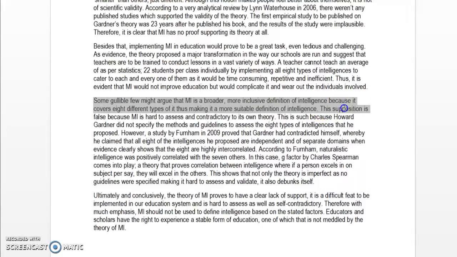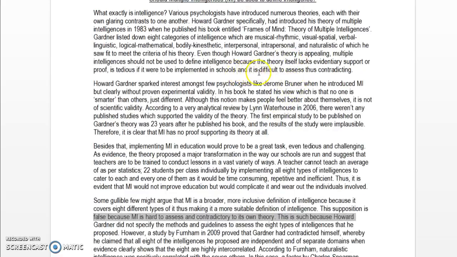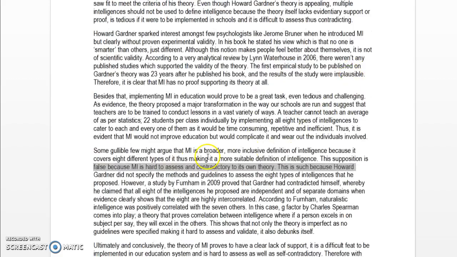After that, the second sentence, which starts from this, says the supposition is false because MI is hard to access and contradictory to its own theory. This one here is your own main idea, which you actually wrote in your thesis statement, the last main idea: difficult to access, thus contradicting. So this supposition is false, hard to access, and contradictory in its own theory.